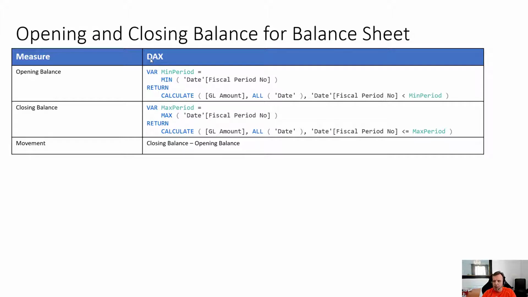So more often than not, what happens is most ERPs would produce a snapshot table. So there would be a balance table that says this is what the balance is. Either each period, it redoes the balance and it rolls forward, okay, in which case it's slightly different DAX I don't have here.